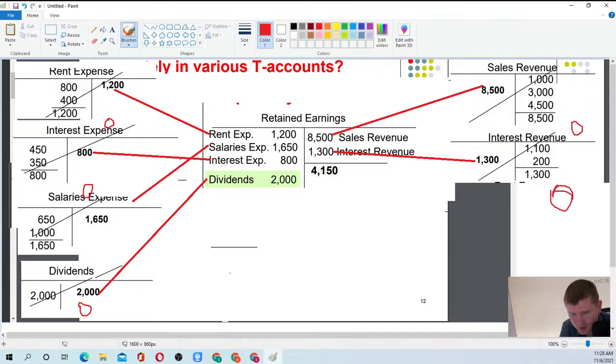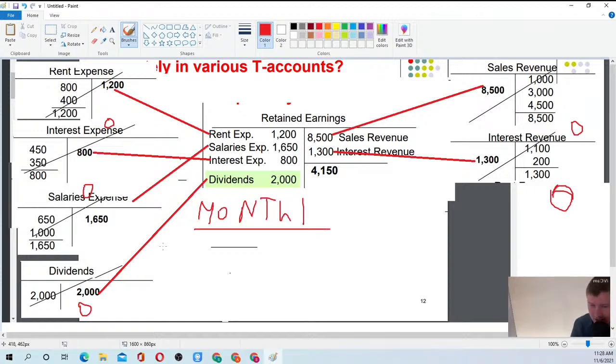So let's assume we were in month 1. At the end of month 1, we need to create some form of the balance sheet. And let's assume all the transactions were in cash. Can we assume that? So basically that is our closing retained earnings account.